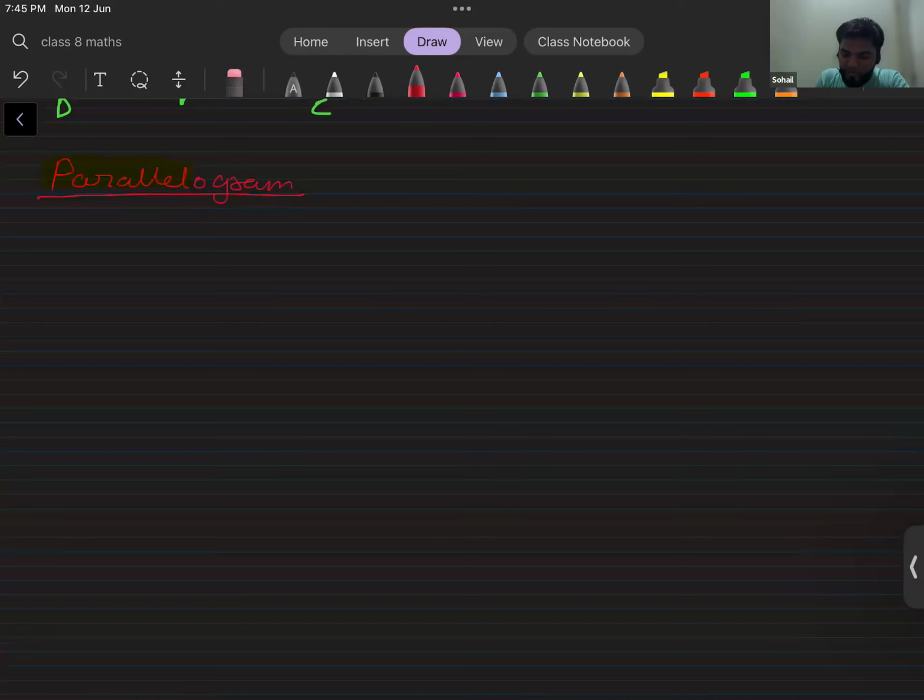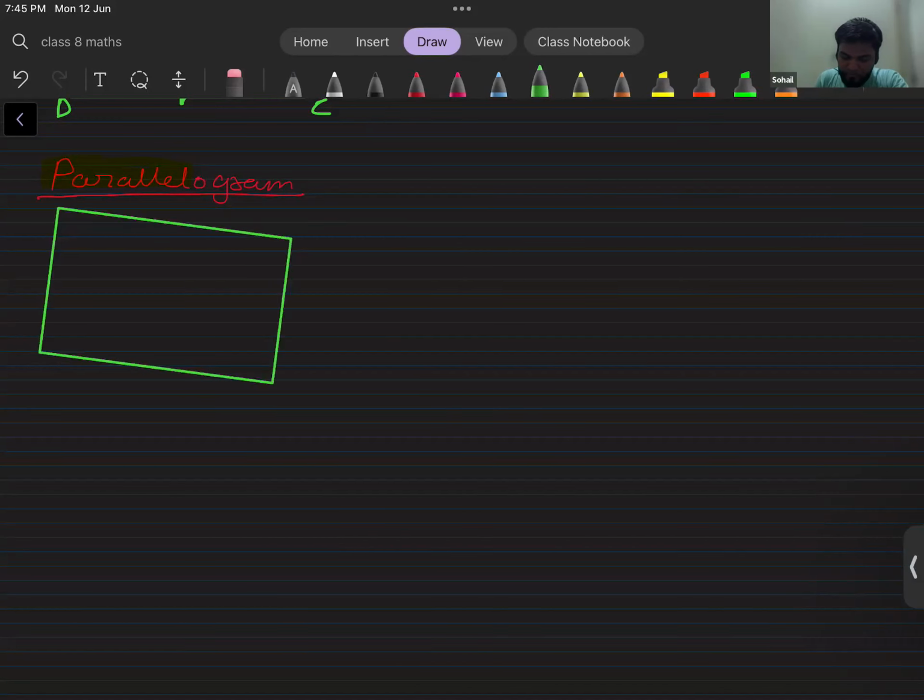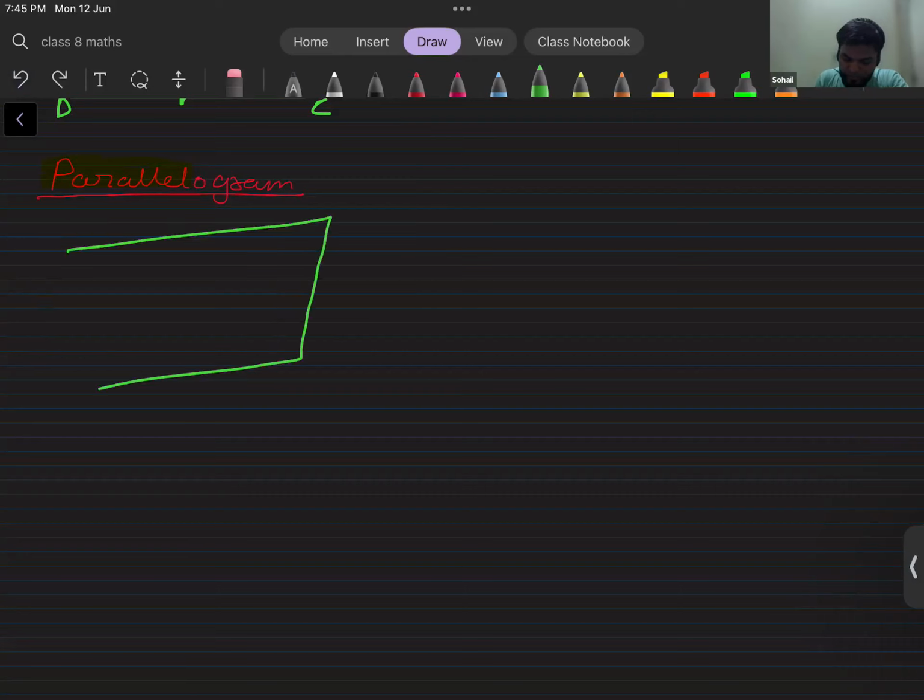So let's say you have got a figure here. In this figure you will observe that opposite pairs of sides are parallel to each other.